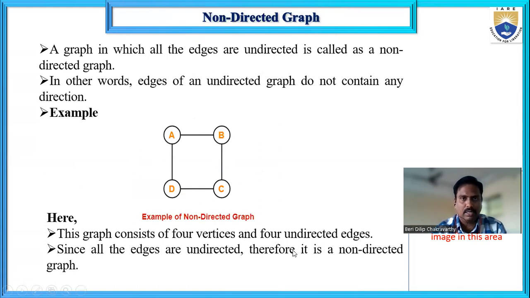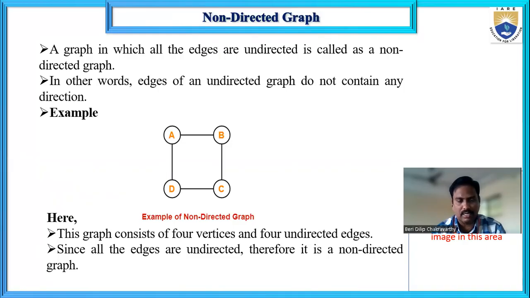Then non-directed graph, a graph in which all the edges are undirected. If all the edges are undirected, we'll say it is a non-directed graph. If you observe, there are no arrow marks, whether we are moving from A to B or B to A. Such graphs we call undirected graphs. In other words, edges of an undirected graph do not contain any direction.